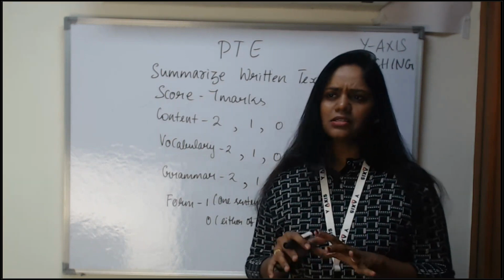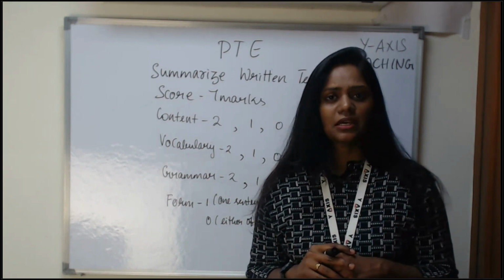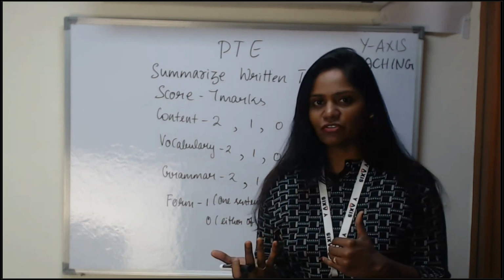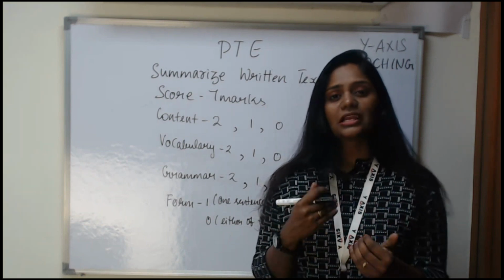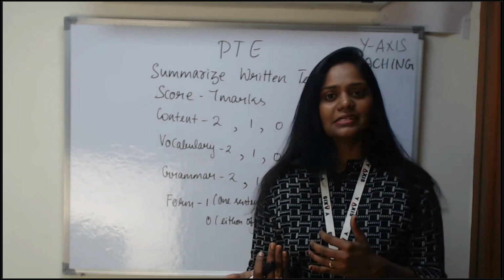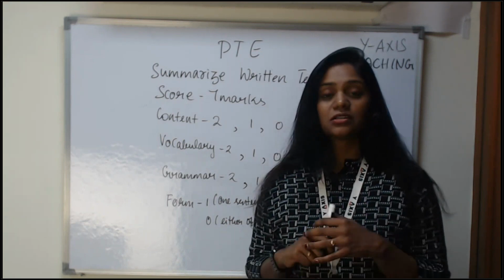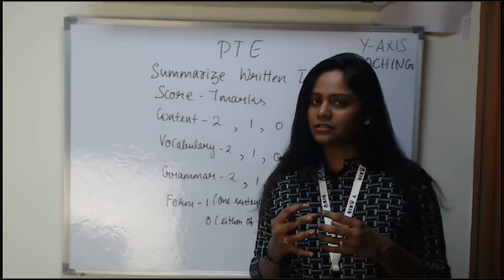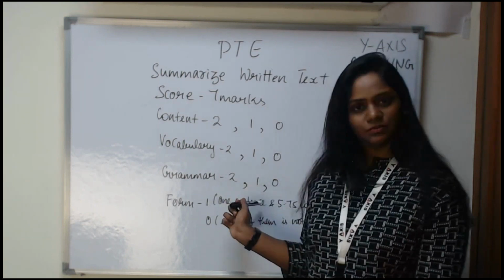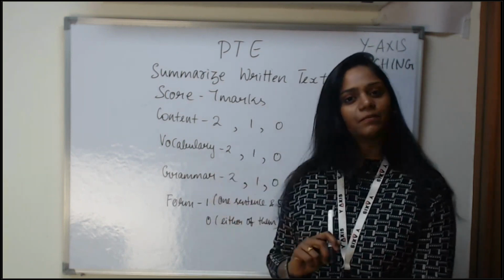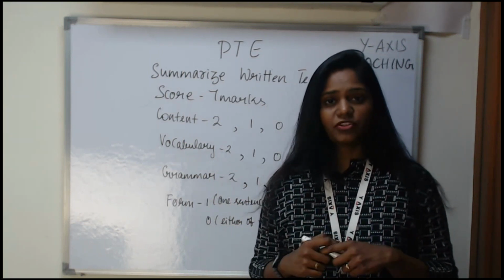In case there are some grammatical errors, but they are okay, because they do not hinder you from conveying the idea that you intend to convey, you get 1 mark. If the grammatical errors are more and do not help you convey what you intended to convey, you get 0.